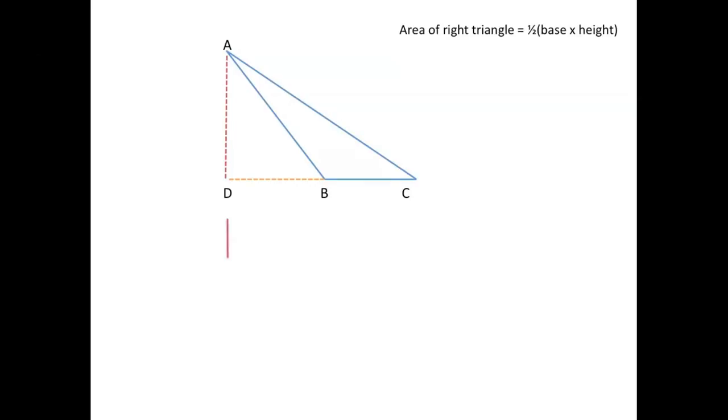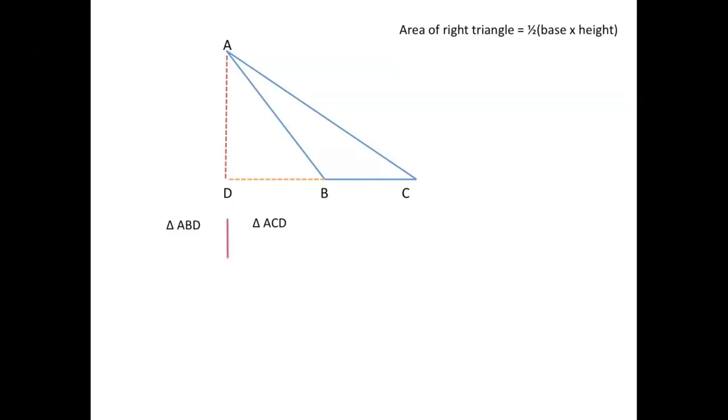Now, if you look here, we have two right angle triangles. Firstly, we have triangle ABD, which we created with the dotted red line and dotted orange line. And we also have the larger right angle triangle, which is ACD.